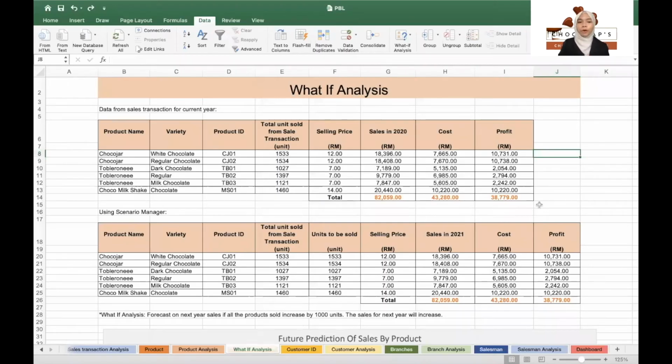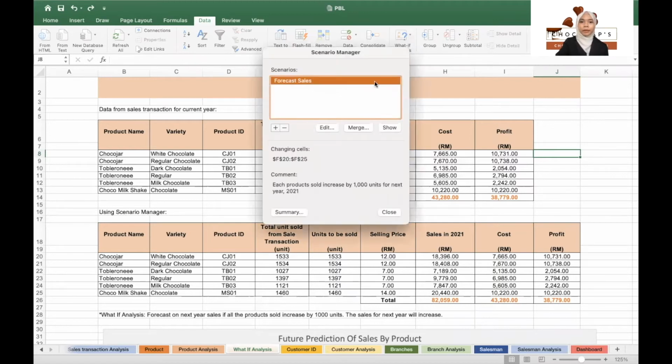Now we've moved on to Excel. Right now, the total sales in 2020 is RM82,059, and this is the units sold in 2020. Right now, I'm going to use the what-if analysis Scenario Manager and show.